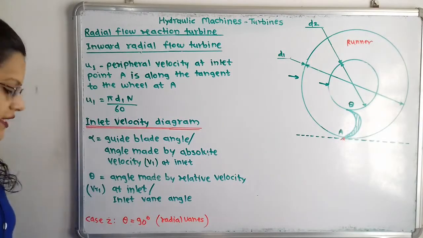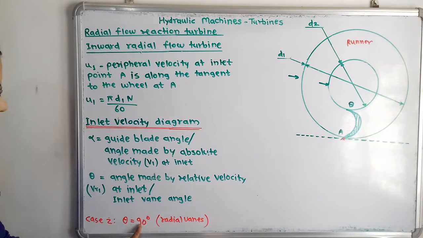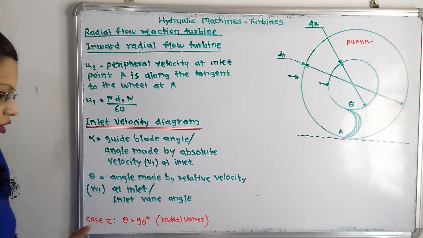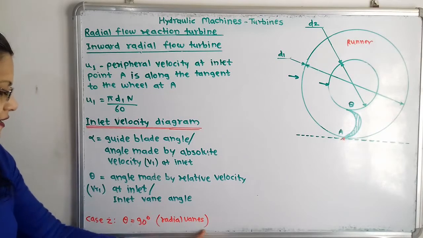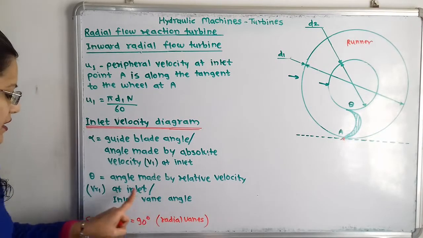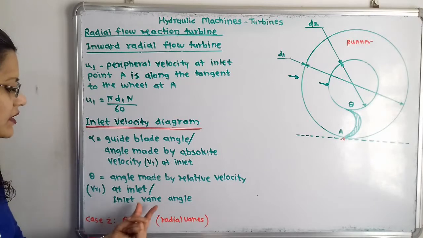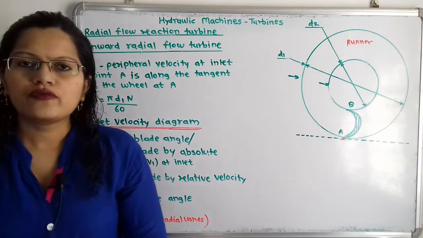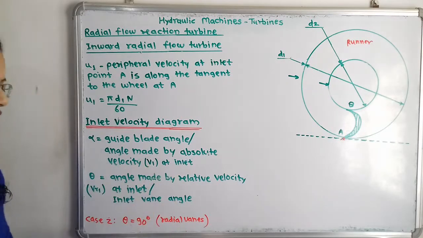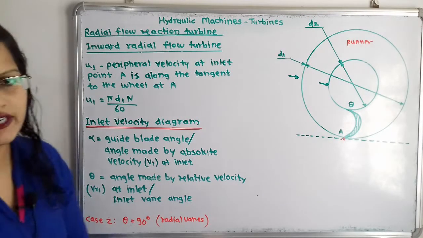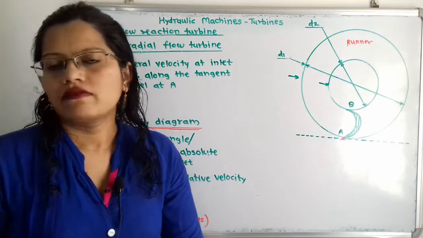Now we will move for the second case when theta is equal to 90 degree. So when theta is equal to 90 degree, that means this is also called as radial vanes, that is inlet vane angle theta is equal to 90 degree, that means radial vanes are there. So whenever in the question it is mentioned that the radial vanes, then we have to take theta equal to 90 degree. Then what will be the velocity diagram?